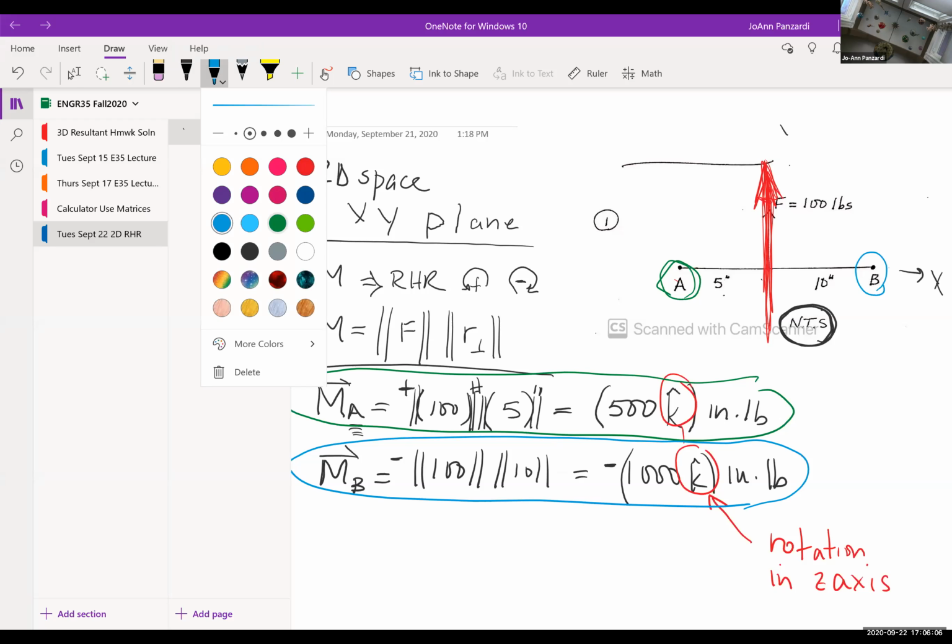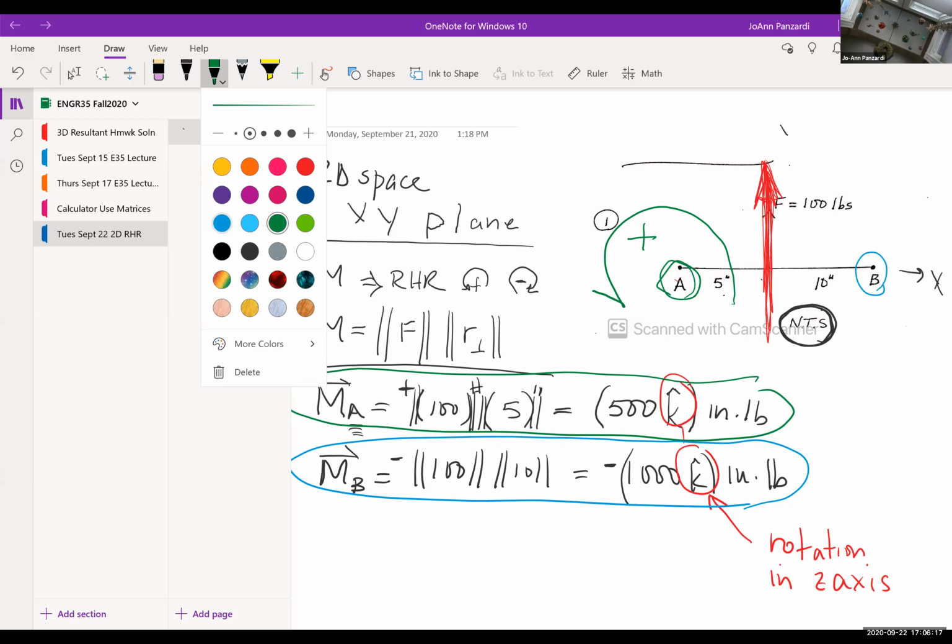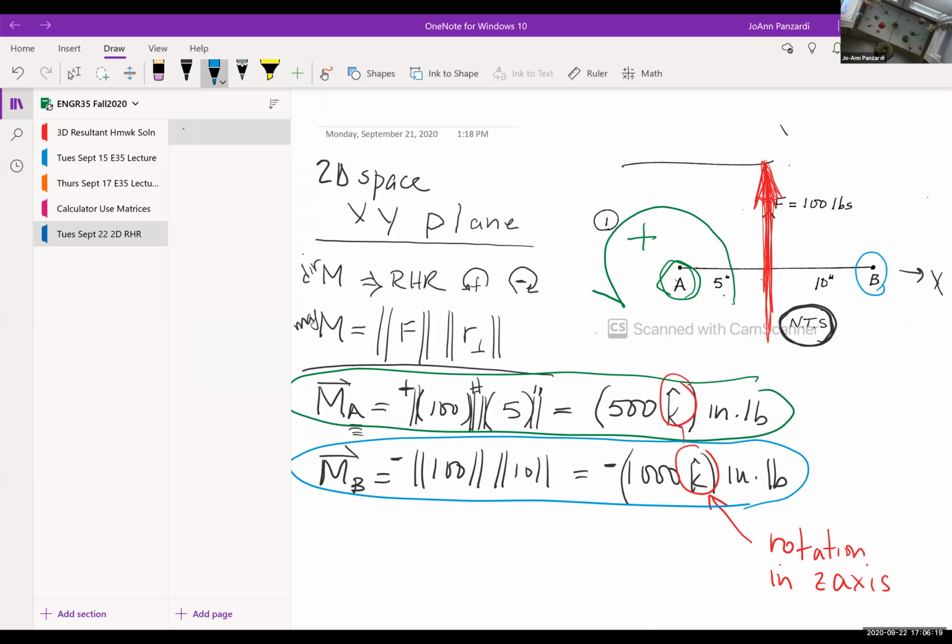This force is creating a spin like this around A, which is positive, and it's creating a spin about B in this direction that's negative. So if you're trying to find a moment about a point, the further the point is from the force, the greater the moment.